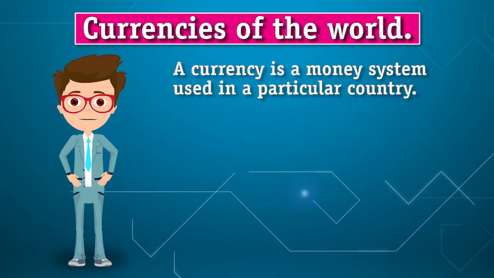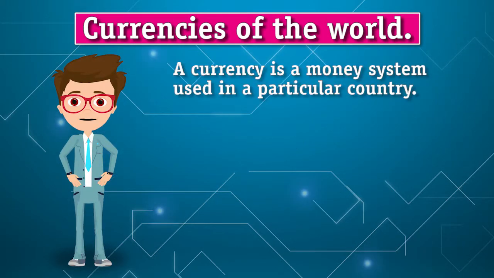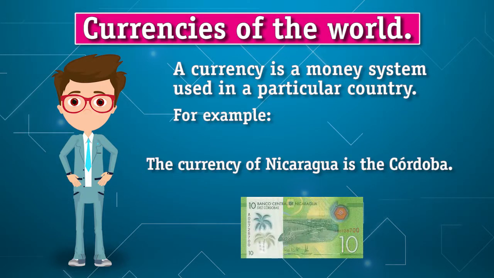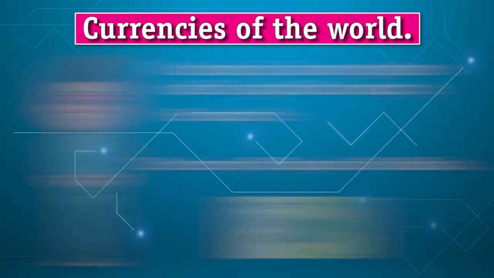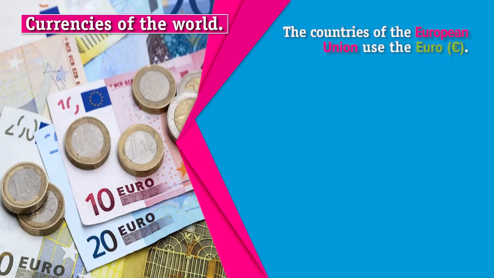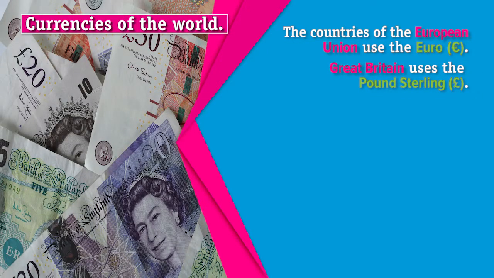A currency is a money system used in a particular country. For example, the currency of Nicaragua is the Cordoba. The countries of the European Union use the euro. Great Britain uses the pound sterling.